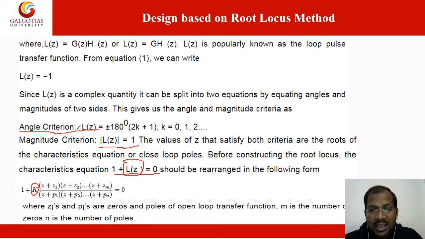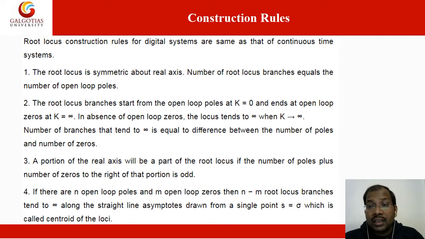Primarily the gain is what we change, and then we can also find the sampling effect, because we have to convert the continuous plant into the discrete plant. So what are the construction rules of a root locus in the discrete domain?